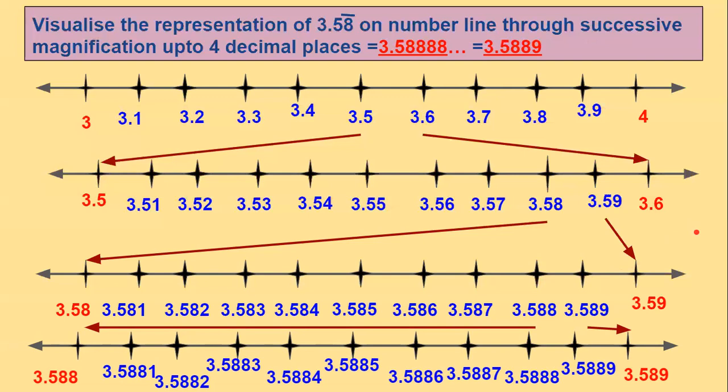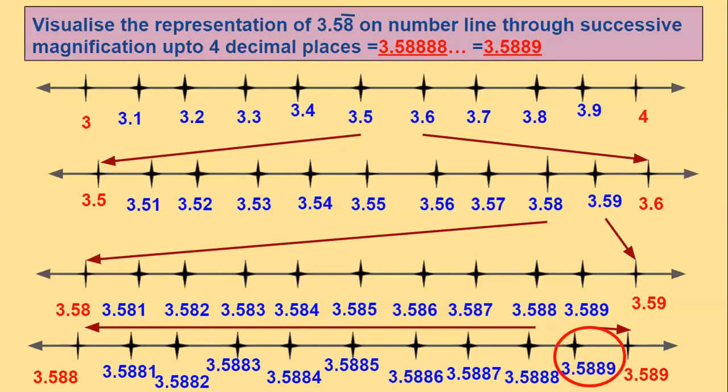We have to start with 3.588. So the next point will be 3.5881. Again 5882, 5883, 5884, 5885, 5886, 5887, 5888, 5889. So at last we have approached our answer. So this is our answer.